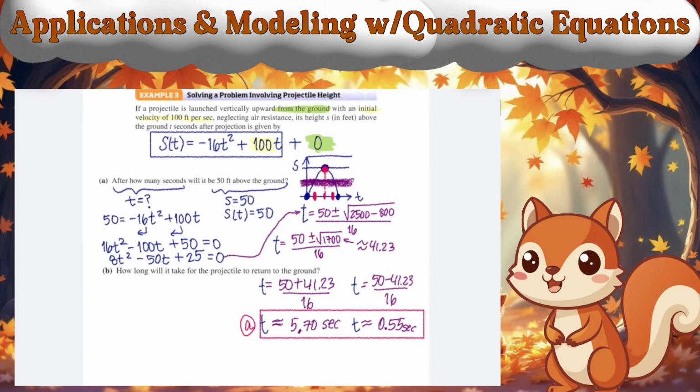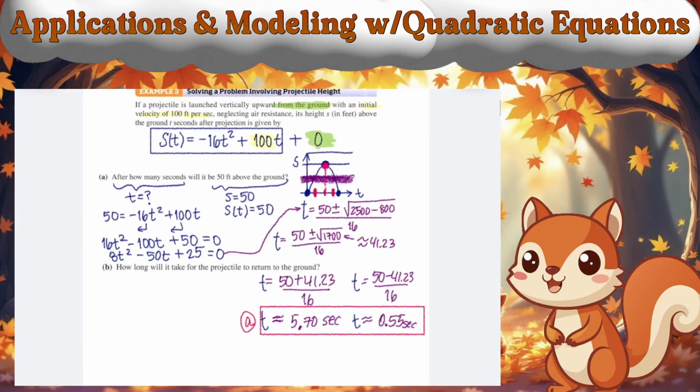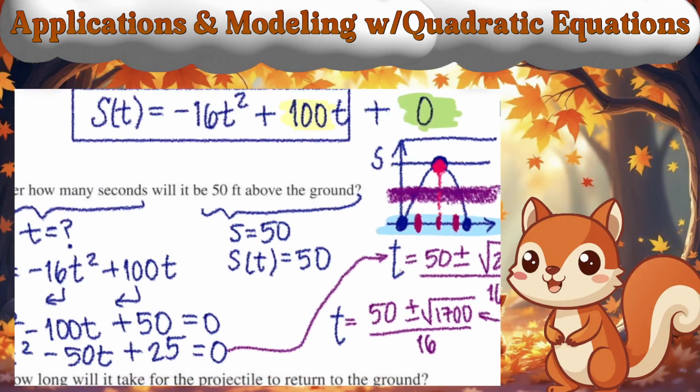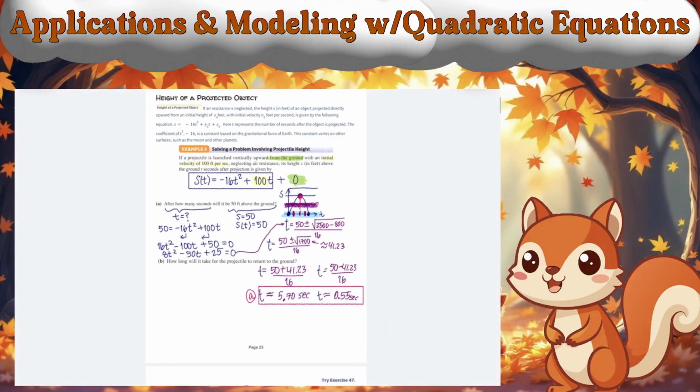Next, how long will it take for the projectile to return to the ground? So what do I know about this projectile when it's on the ground? If I'm looking for how long it will take, that means I'm solving for t again.